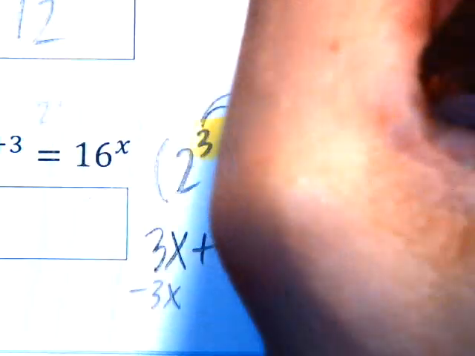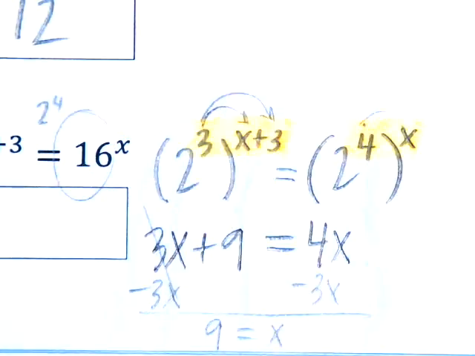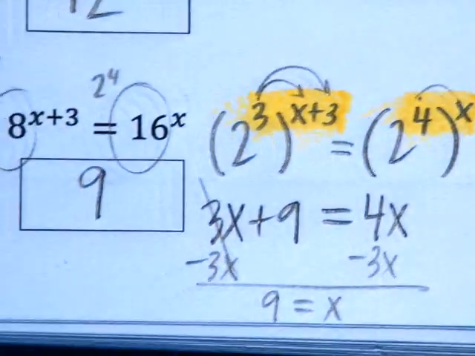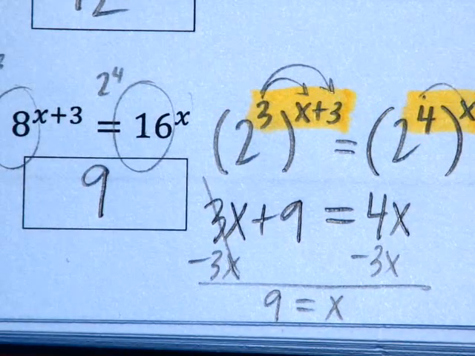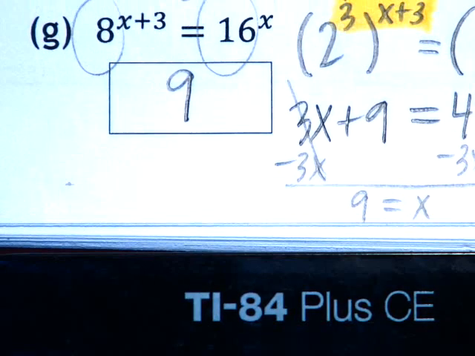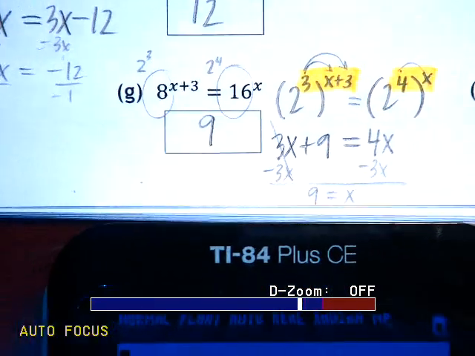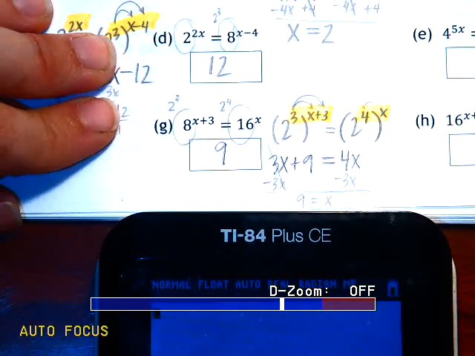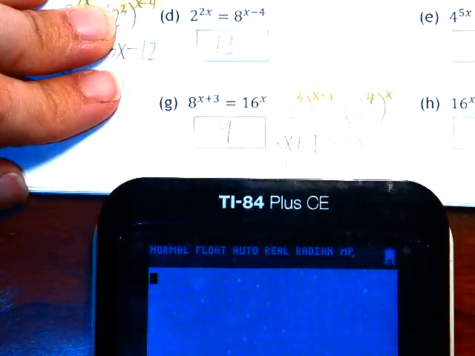I could subtract the 3x to the right-hand side, for example, and I'll get 9 equals x by itself, so that we know the solution must be 9. And again, one last time, you can quickly verify and just make sure that's okay. Usually to verify, you just quickly plug in and make sure everything looks like it's good to go.